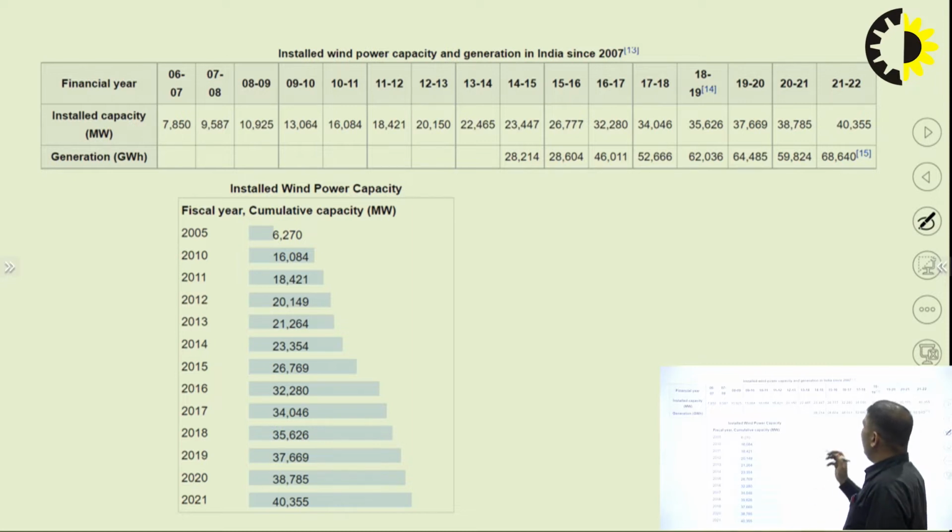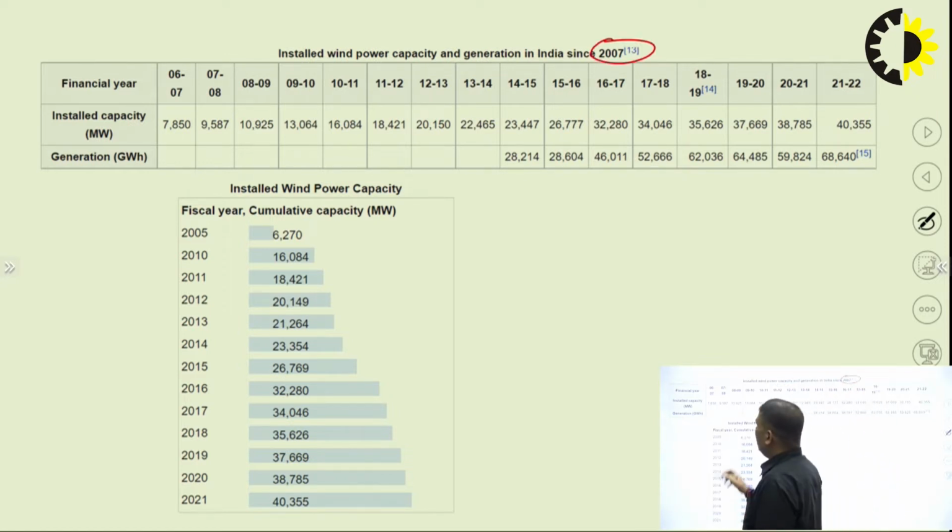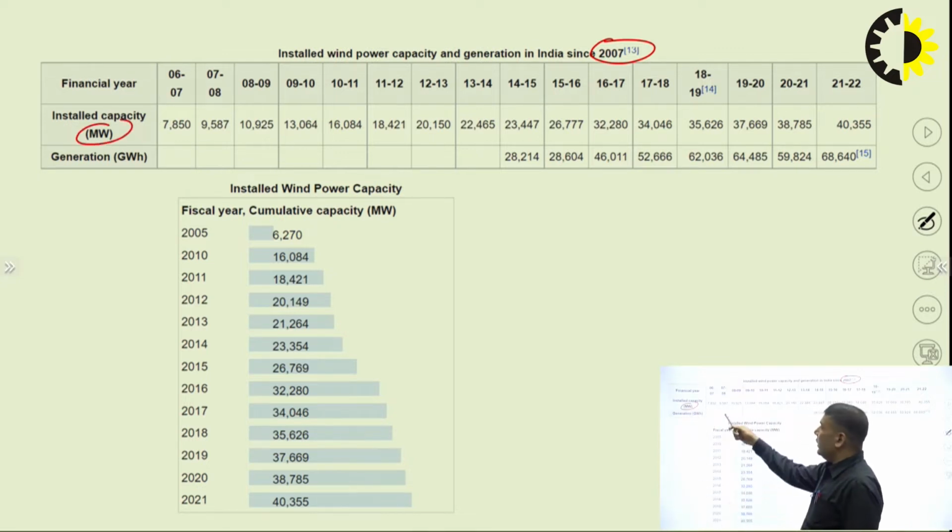As far as India is concerned, this is a diagram of installed wind power capacity and generation in India since 2007. You can see the installed capacity in megawatts, that is 10 raised to the power 6 watts. It goes on increasing day by day.